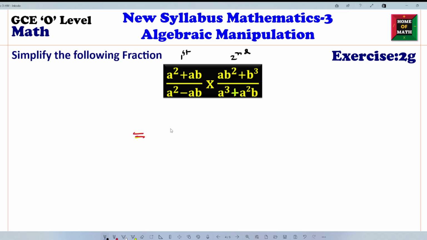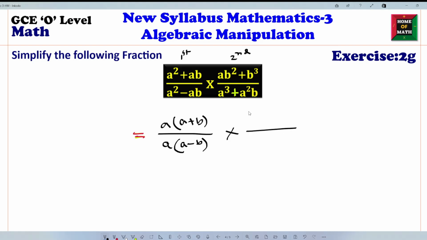From the first term, first we take common a, so a plus b, because from a square we can take common a, so one a is remaining. Same in the denominator, here is a, so a minus b, times.